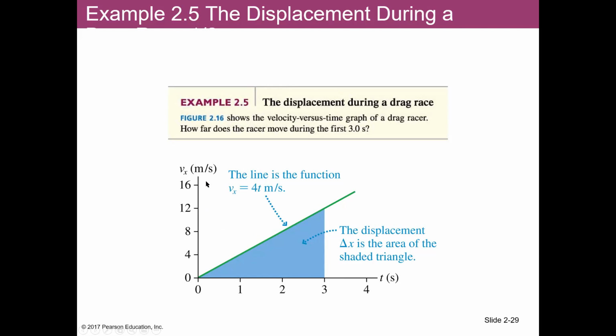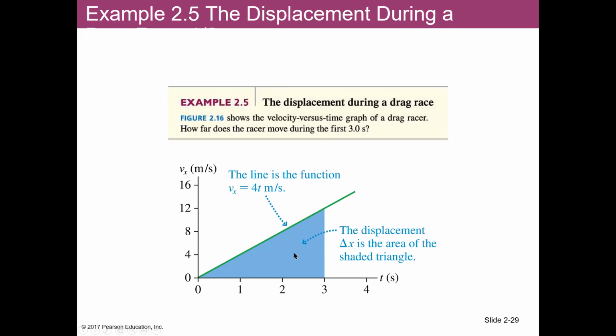The units of the slope are the units of vertical divided by units of horizontal. Here the area is units of vertical times units of horizontal. And you can see why that makes sense. Think about the area of a rectangle: it's just base times height. It's the same thing here. You have meters per second times seconds, and so you get meters.